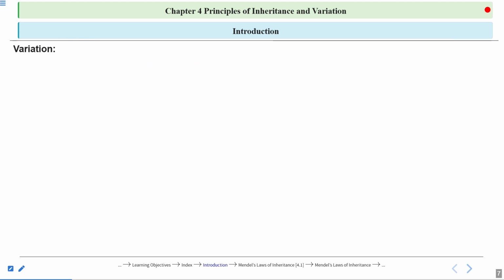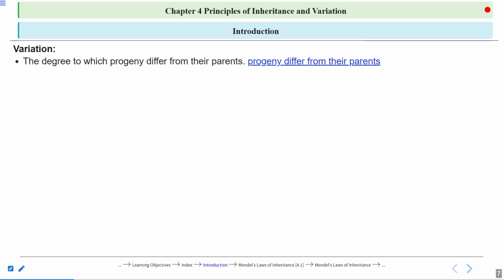Okay. What is variation now? A degree to which progeny differs from their parents. This is known as variation. Or simply you can say progeny differs from their parents. Clear? Now the progeny is different from their parents because they inherit a unique combination of the genes.